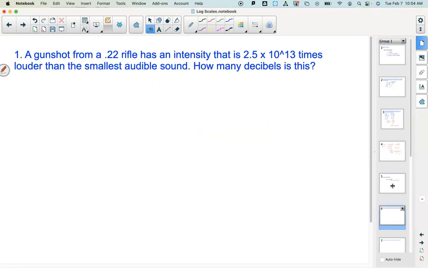All right, so how many decibels would this be? Well, it's 10 times the log of 2.5 times 10 to the 13th times the smallest audible sound, so P sub 0, divided by P sub 0. Notice the P sub 0's cancel.